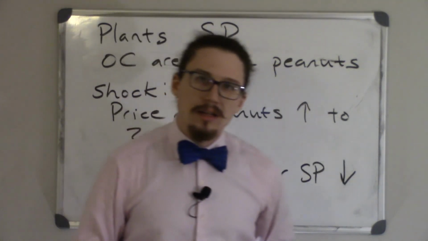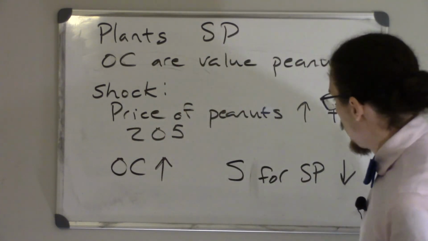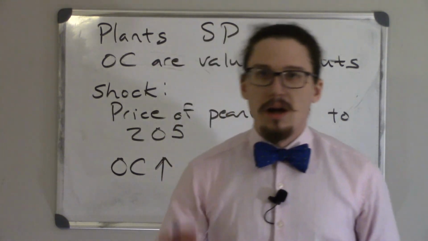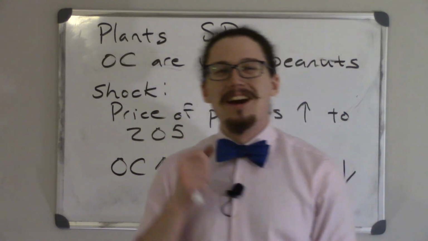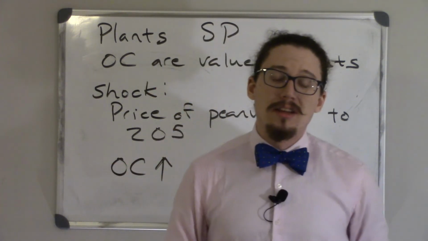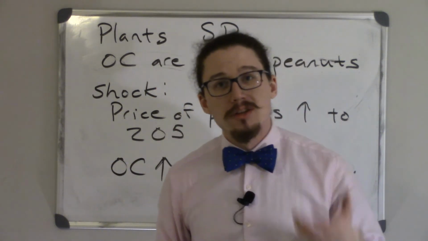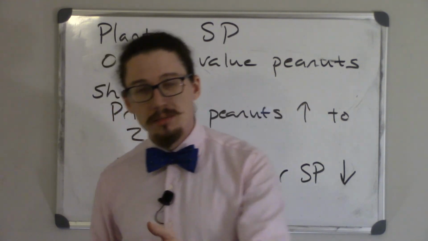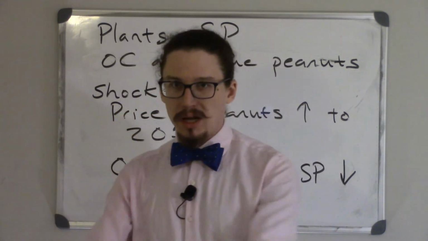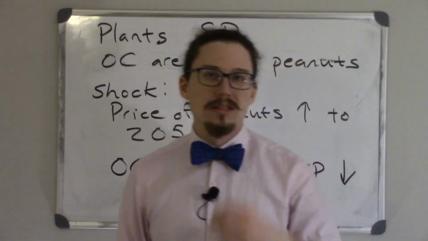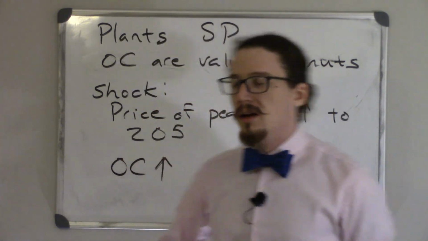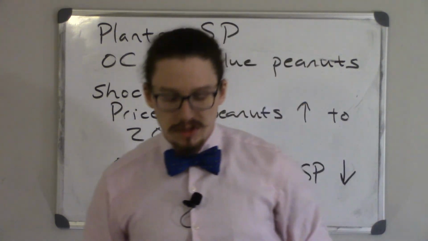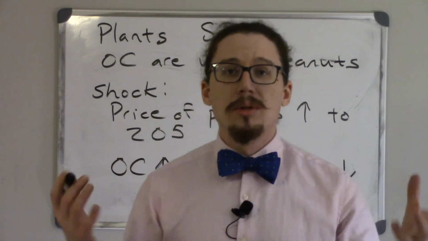That covers the last two of these shifters in this video. But just to recap, although I kind of just did: the number of sellers affects supply in that if the number of sellers increases, it's going to increase supply because there are more people supplying the good at those different prices. If the number of sellers goes down, supply is going to go down. Related to that is the idea of changes in opportunity costs.